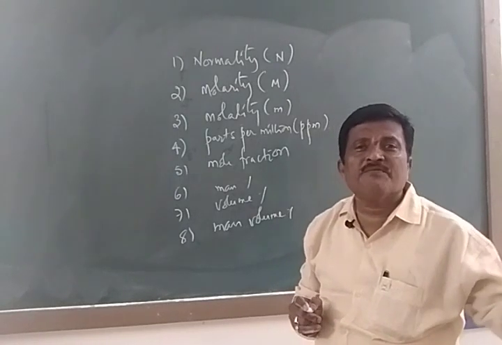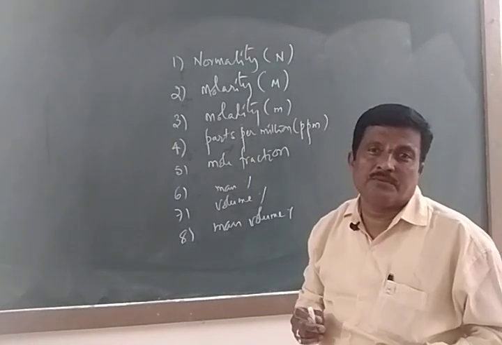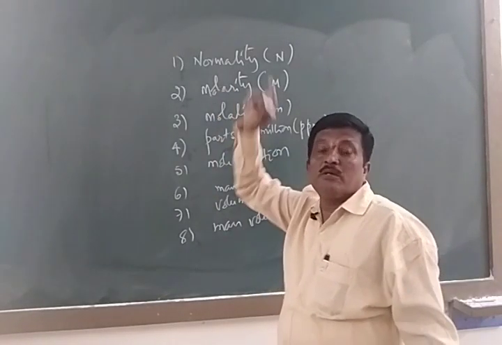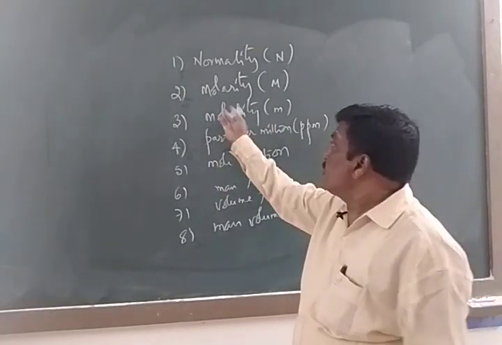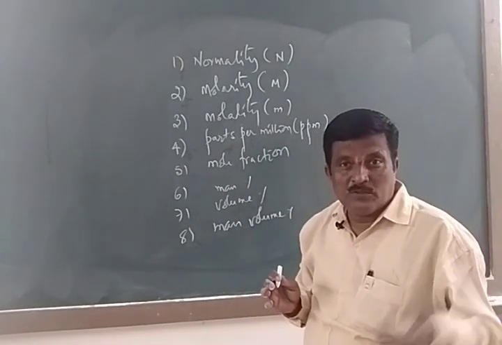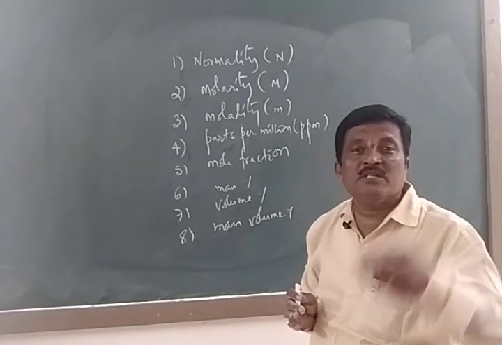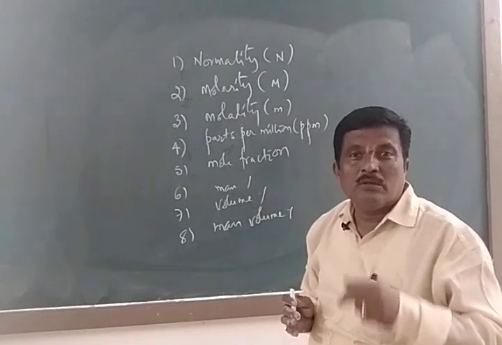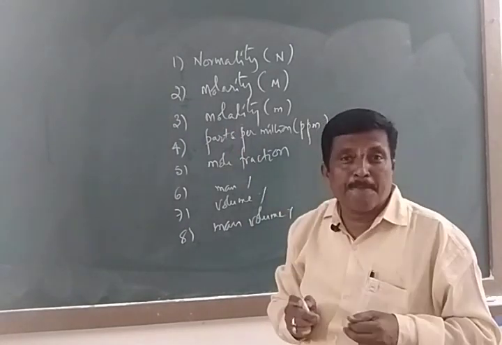Usually, if the mass of the solute is expressed in molar mass, then we express the strength of the solution by using molarity. Then similarly, if you express the mass of the solvent in grams or kilograms, then we express the strength by using the term molality.